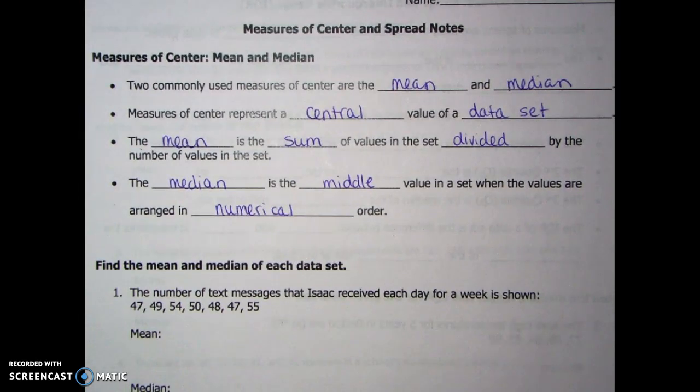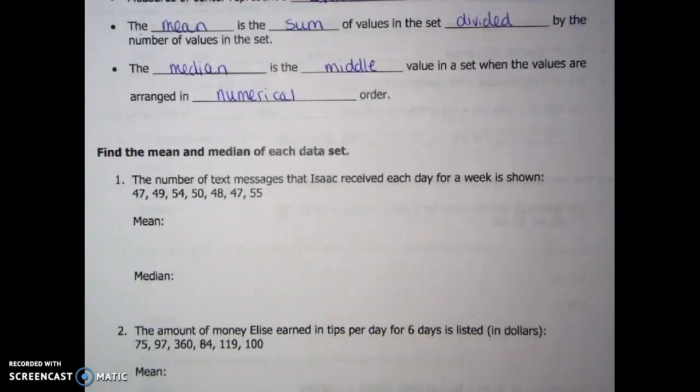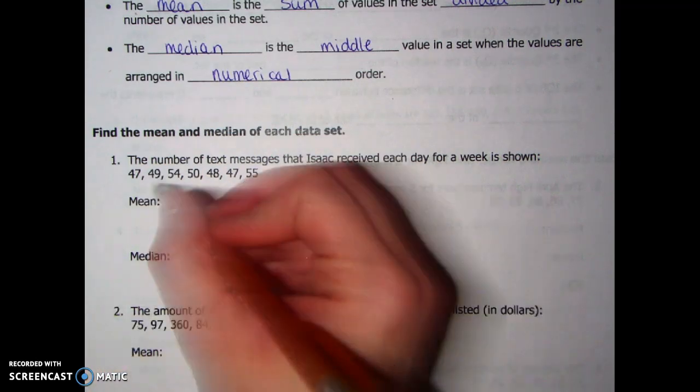Now let's do a couple examples down here. It says find the mean and median of each data set. So it says the number of text messages that Isaac received each day for a week is shown. And so now we need to find the mean. So for the mean, we're adding up all of these numbers.